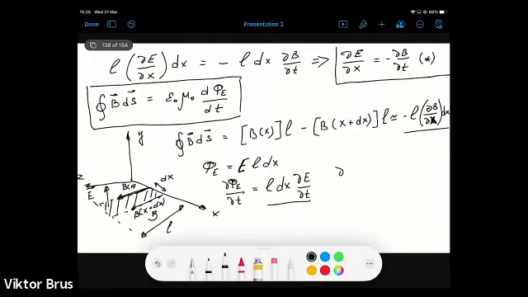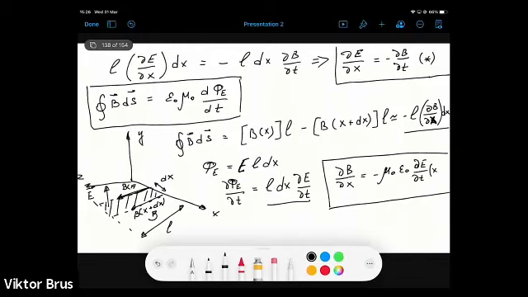That will be partial derivative of magnetic field vector over x position will be equal to minus mu naught times epsilon naught dE over dt. So this is our second equation. We will mark it as double star equation.